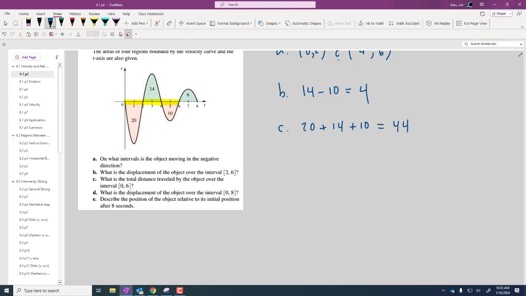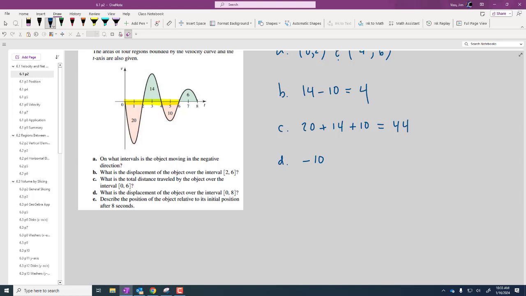So there is our total distance traveled in that interval. What is the displacement from 0 to 8? Negative 10. Upper minus lower. And then describe the position of the object relative to its initial position after 8 seconds. 10 units to the left.